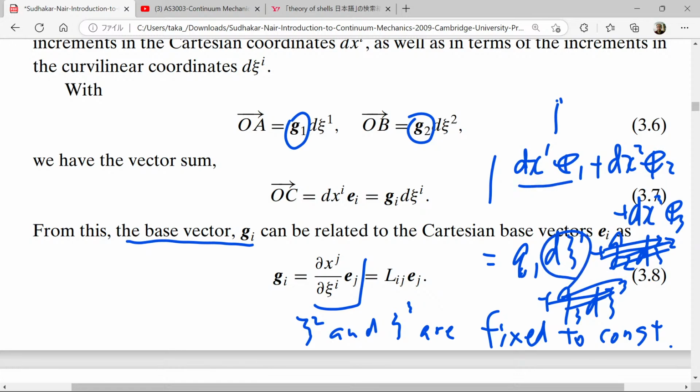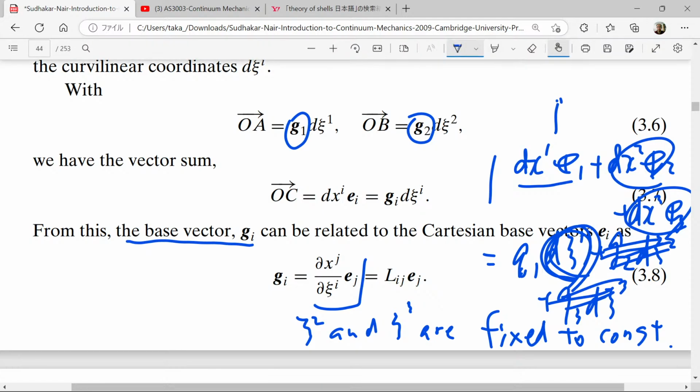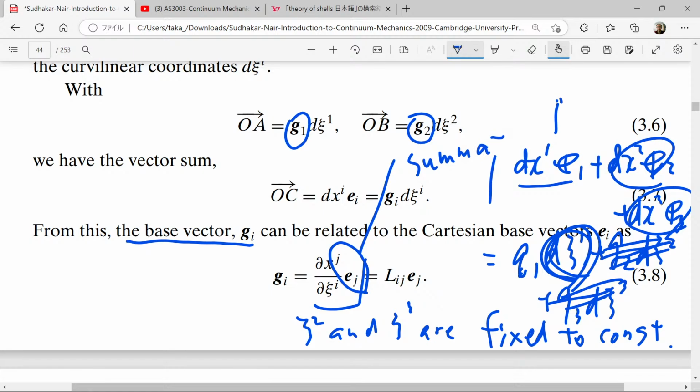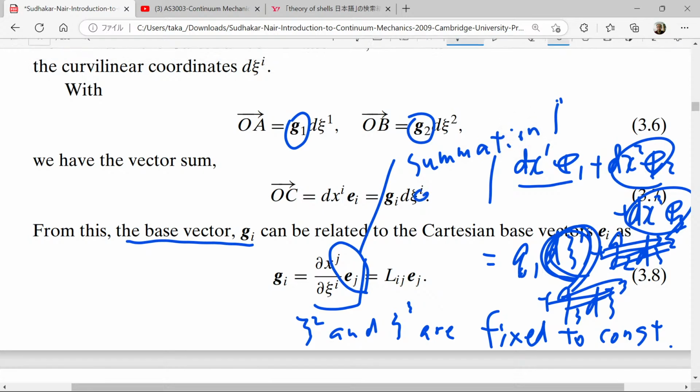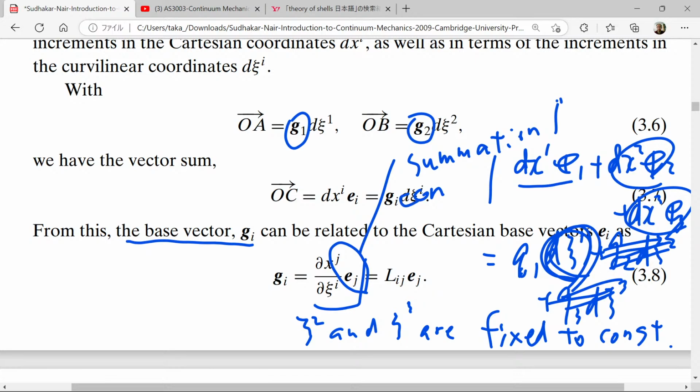That gives this. So this is also a summation convention. Here, this is summation convention.